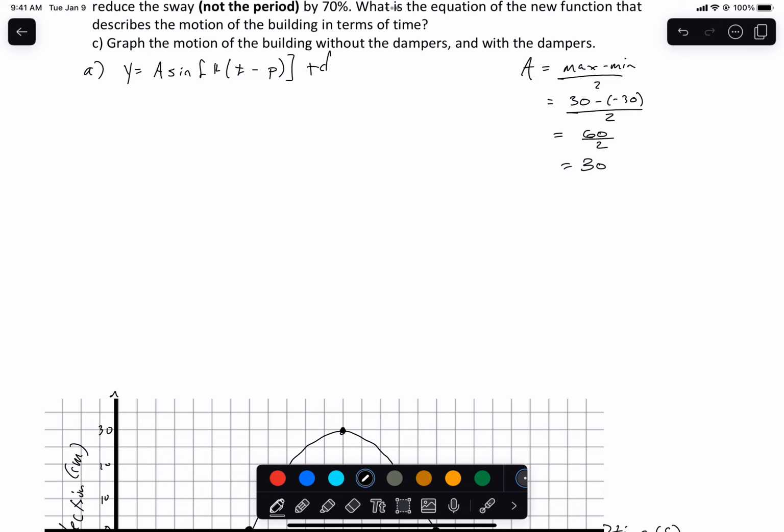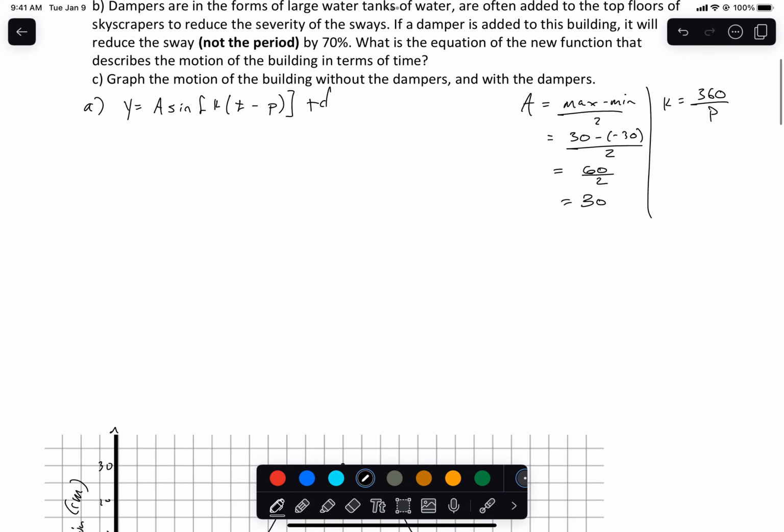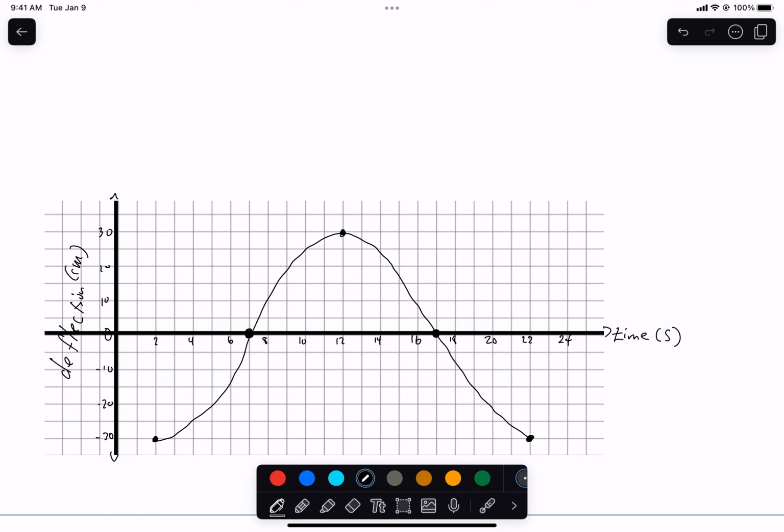The other thing we can figure out too is we also know that K, our horizontal stretch or compression, is going to be represented by 360 degrees divided by the period. Okay, and this is the important part of this question. We get to figure out how long does it take to complete one cycle. Well, it looks like it takes 20 seconds to complete one cycle.